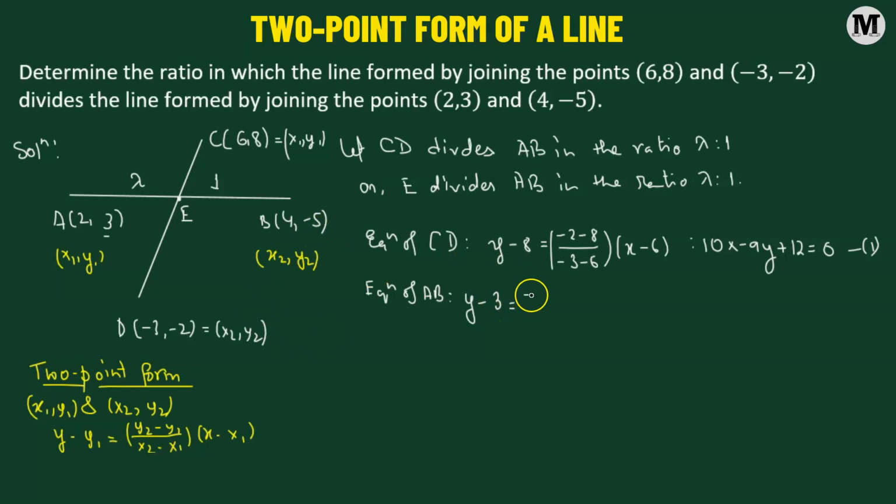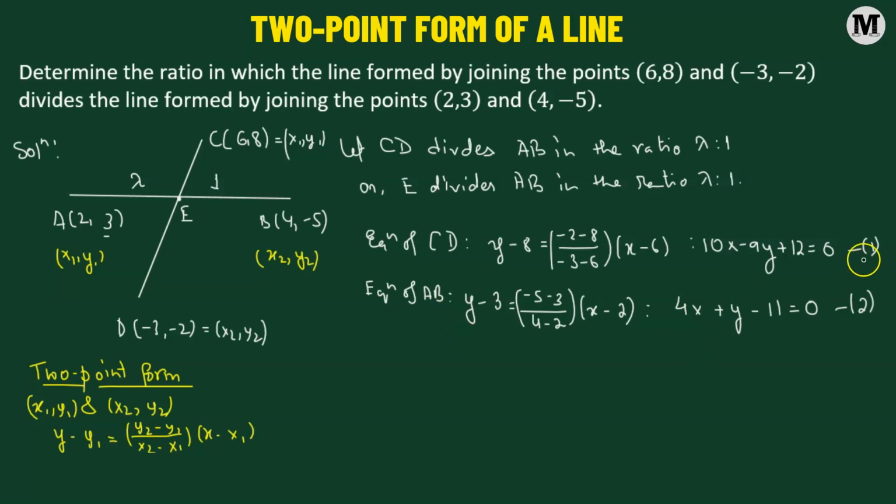The y2 that's -5 minus y1, so that's 3. Divided by, we need x2 minus x1, so that's going to be 4 minus 2, whole multiplied to x minus x1, so x1 will be simply 2. When we solve this, we're going to get the equation of the line 4x plus y minus 11 equals to 0. So this is going to be the equation of line AB.